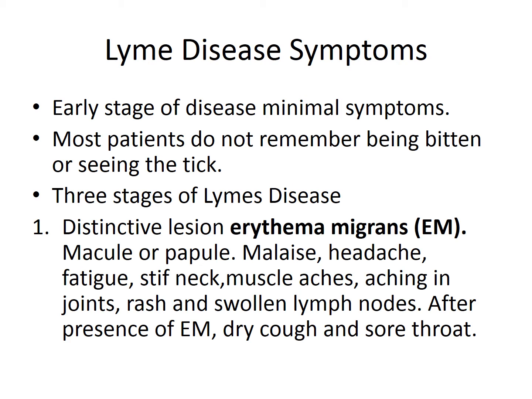So what ends up happening is when they don't get better and this disease continues to progress, then they start with the joint problems. That's usually when they can make a complete diagnosis that the individual has possibly been infected with Lyme disease.